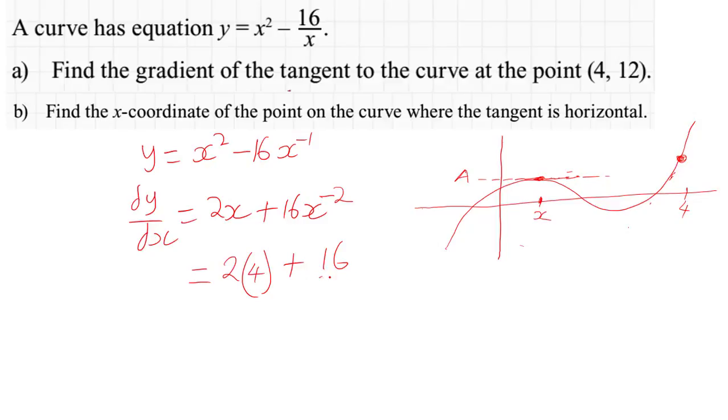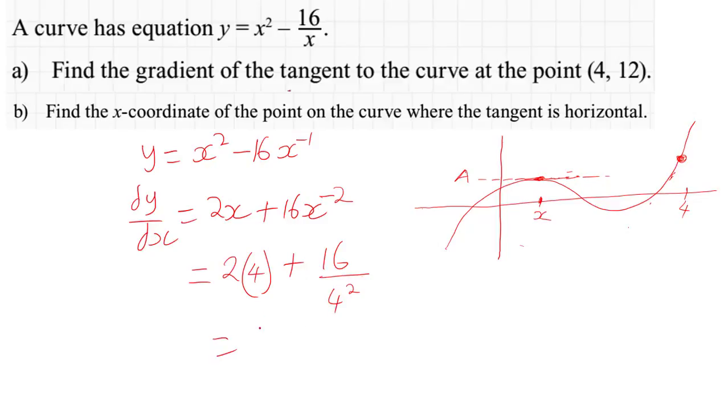However, to make life easier for you, what you could do is bring the x to the power minus 2 down. If you bring it down, it becomes easy to simplify, and the sign becomes positive. So 16 times x to the power minus 2 is the same as 16 over x squared. So I'm going to just put 4 here. So I'm going to have 4 squared at the bottom. And you're going to see the difference. So I've got 4 squared there.